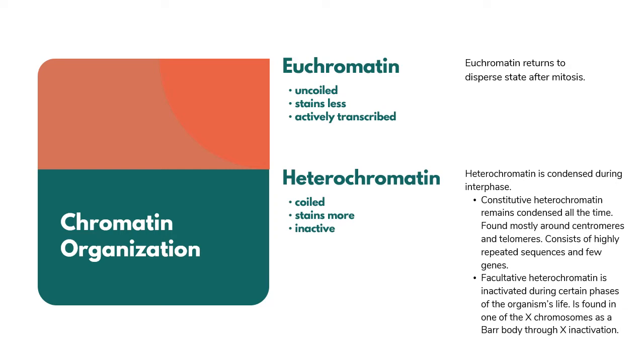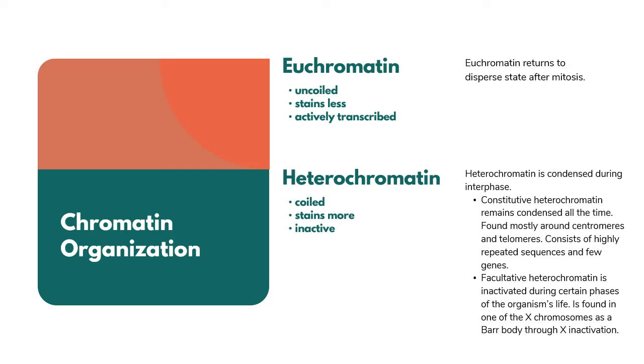It consists of highly repeated sequences and few genes. Facultative heterochromatin is inactivated during certain phases of the organism's life. It is found in one of the X chromosomes as a bar body through X chromosome inactivation.